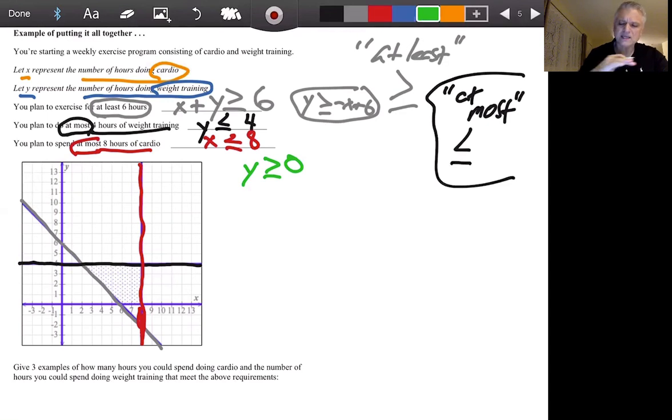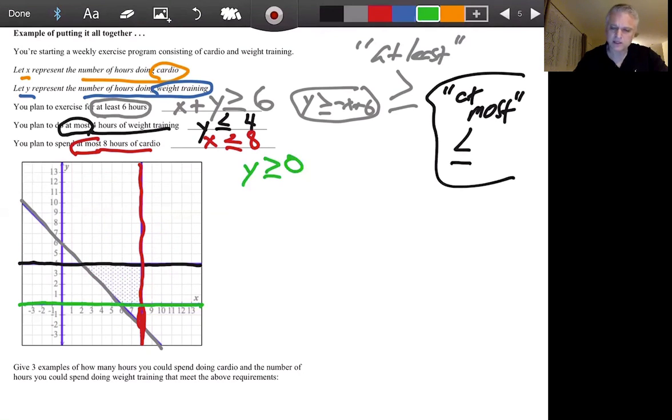So y equals is a horizontal line, and the horizontal axis, which is the x-axis, this is y equals 0. So if it's greater than 0, then that would be all of this above, okay, which the solution region is part of it.